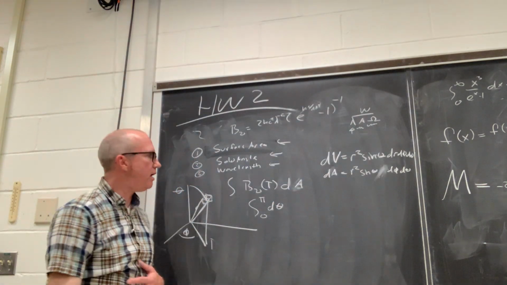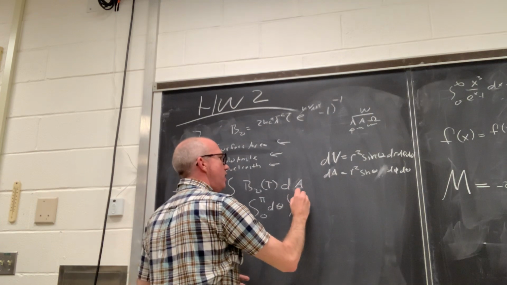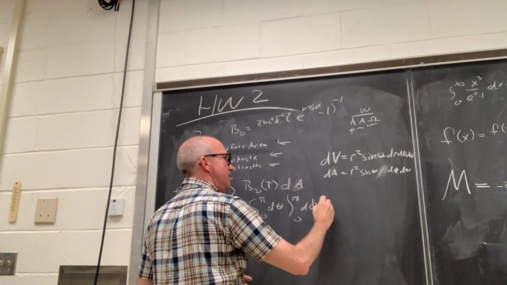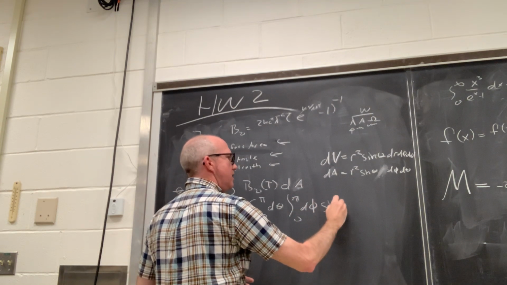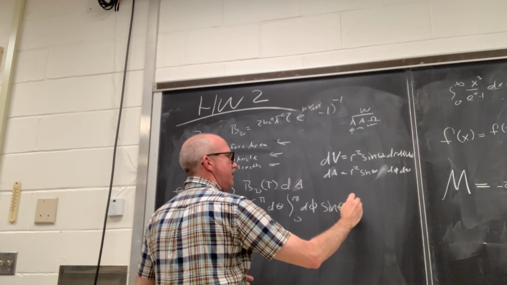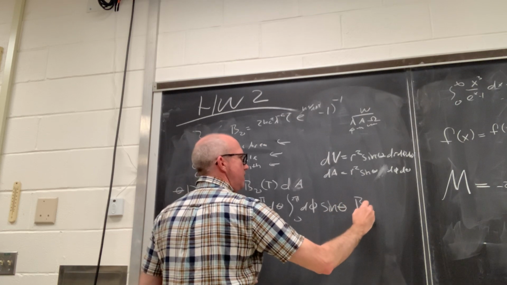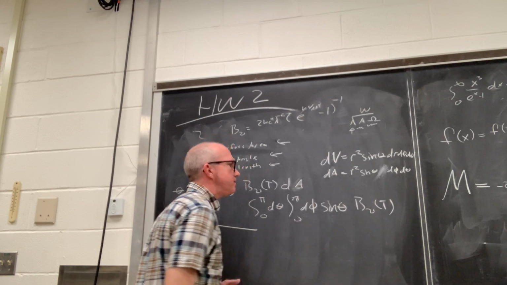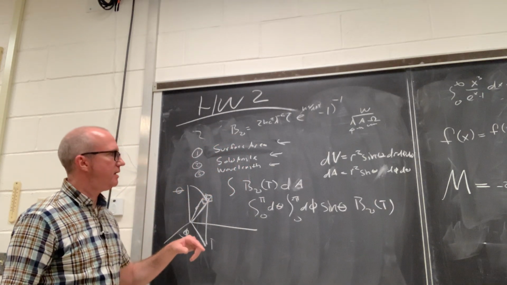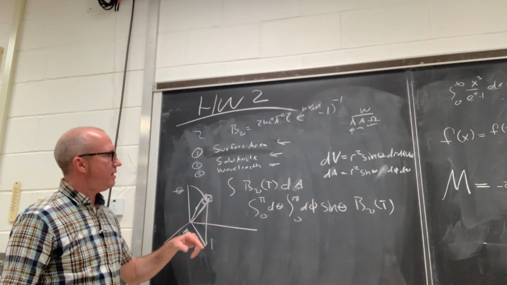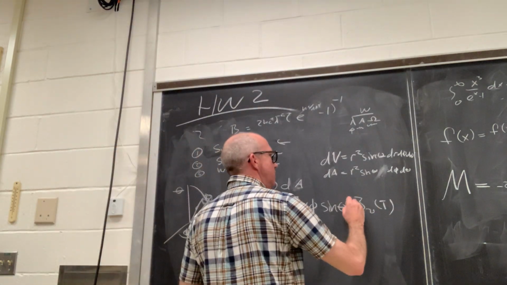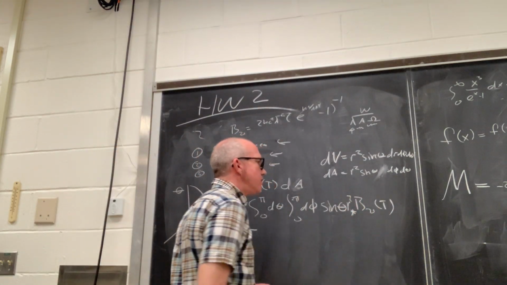It goes from 0 to pi. 0 to 2 pi d phi times sine theta, and then B nu of T, and an r squared, r for the star squared.